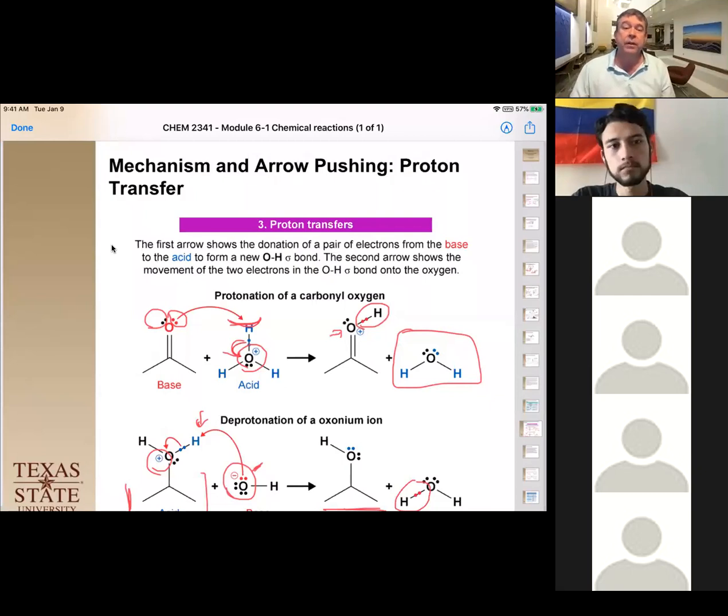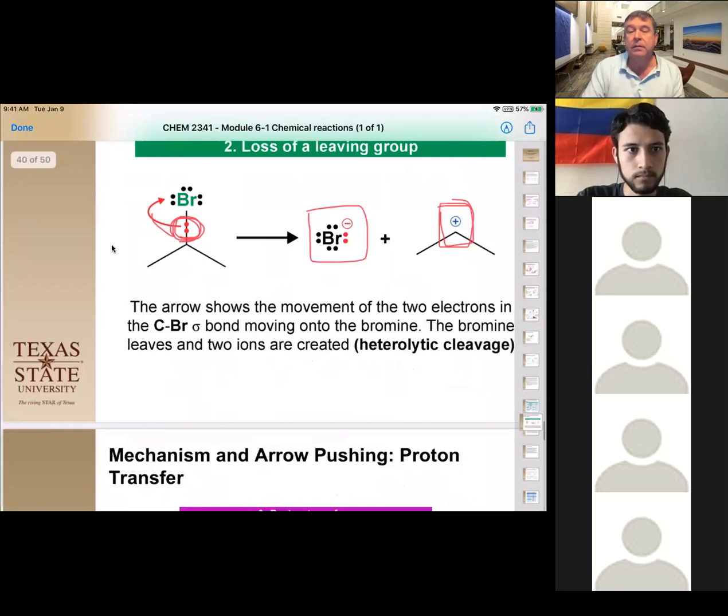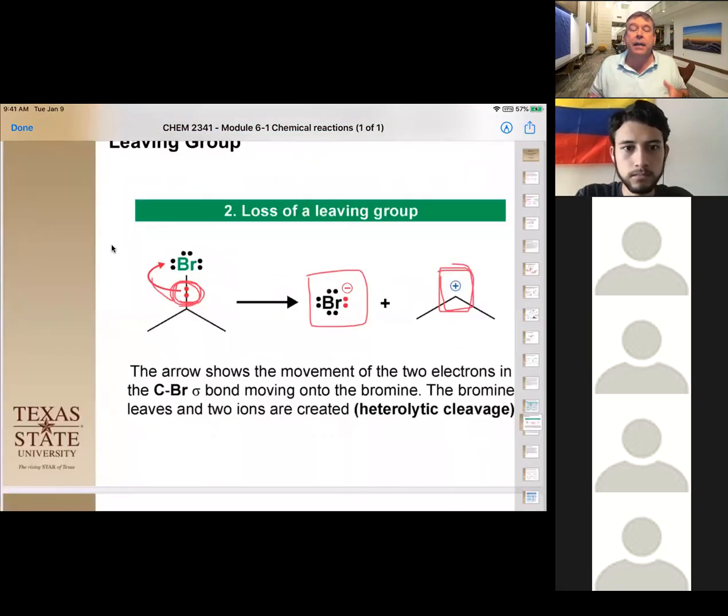But the next most important thing I want to talk to you about is what we call carbocations. Just like when we were looking at different possible reactions that can happen, one thing that can happen is we can break a bond and form 2 ions. In this case, we broke a bond and formed a positive charge on carbon, or a carbocation.